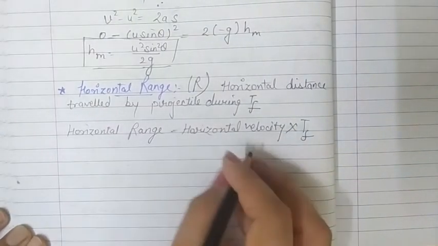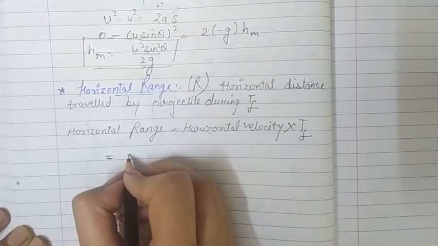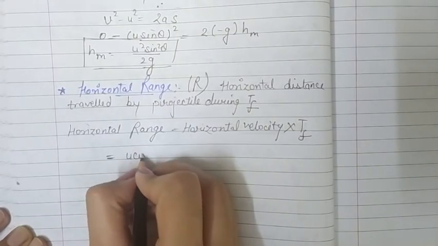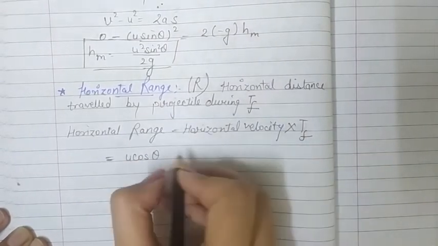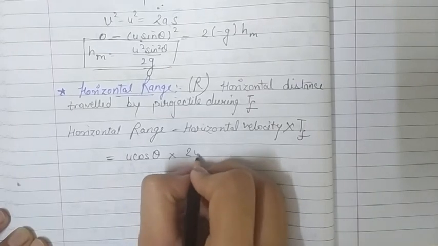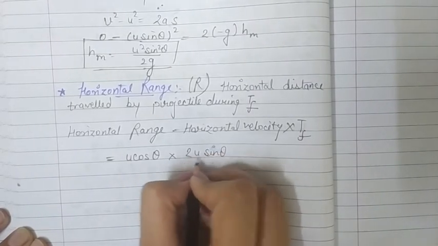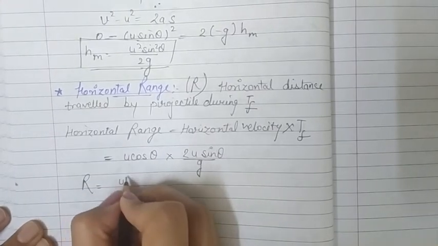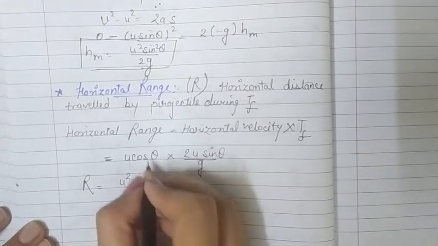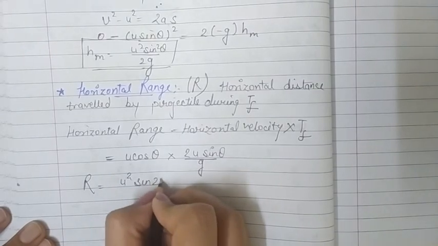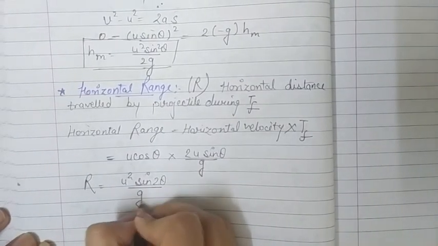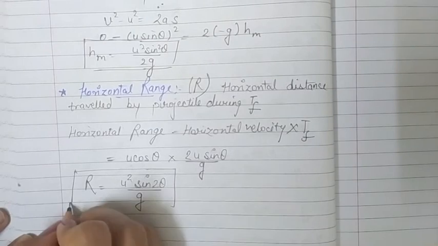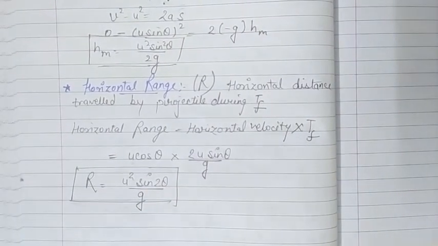So horizontal velocity is u cos θ, and the value for Tf is 2u sin θ / g. So we can solve it and find R = u² 2 sin θ cos θ, that is sin 2θ, upon g. So this is the value for horizontal range of the given projectile.